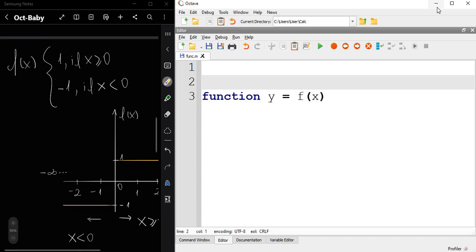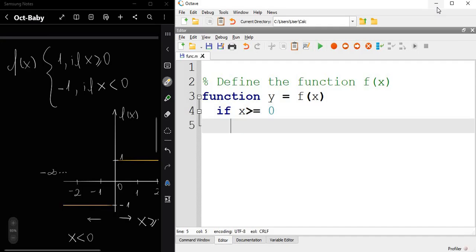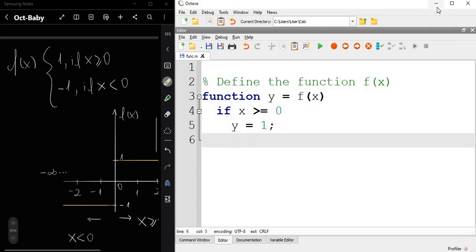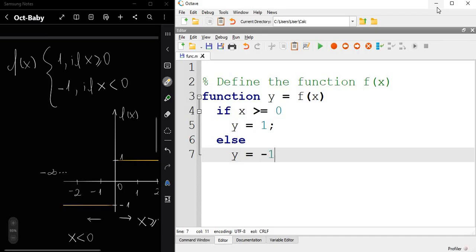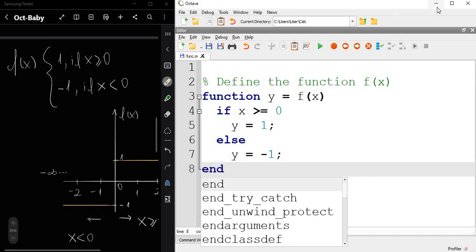So actually we are defining a function, f of x, and now the conditions: if x is greater or equal to 0, y is equal 1, so the function will assume the positive one, else the function will assume the negative one value. Now we end both of the conditions.